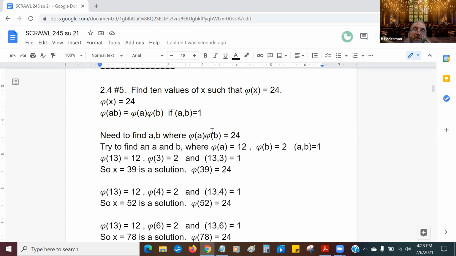It's that you need phi of A times phi of B to equal 24. One way we did it is letting phi of A be 12.